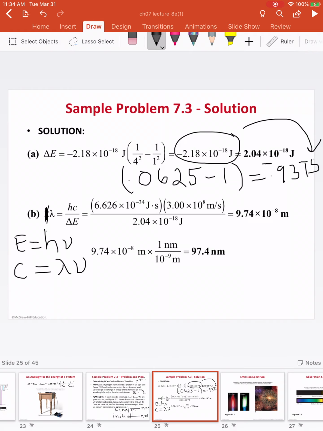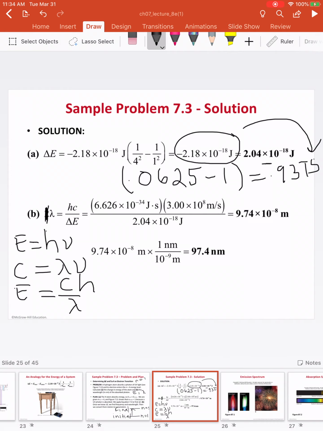So we can write energy equals h times c over lambda, instead of nu. I forgot to write h at the front. So you can rearrange these two together to find energy equals hc over lambda.